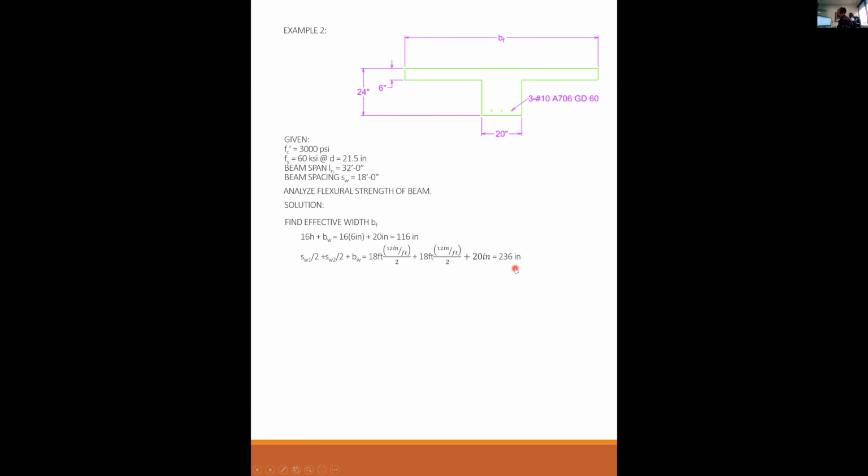That gives me 236 inches. Or I go span over 4 plus the width of the stem, 32 times 12 inches per foot over 4 plus 20, 116 inches. In this case, both of these controlled. So that's my effective width, 116 inches.